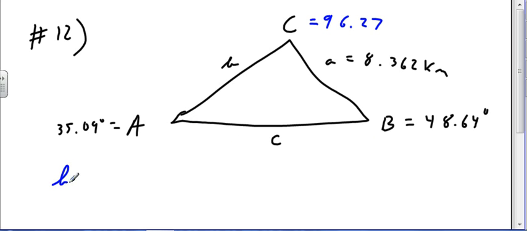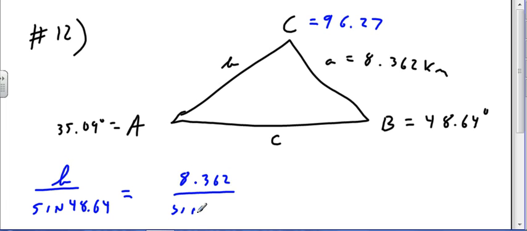So little b divided by the sine of 48.64 has to equal 8.362 kilometers divided by the sine of 35.09. And if we don't put a degree mark there, that means we're talking about radians, so we better put a degree mark there.